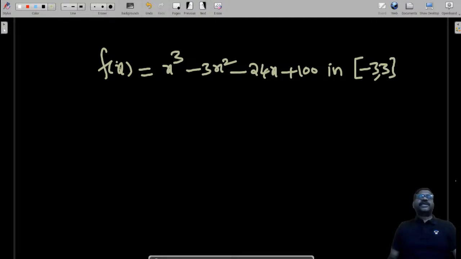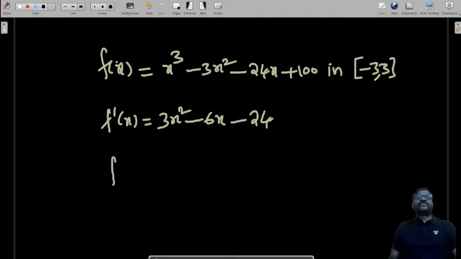F dash x is 3x square minus 6x minus 24.